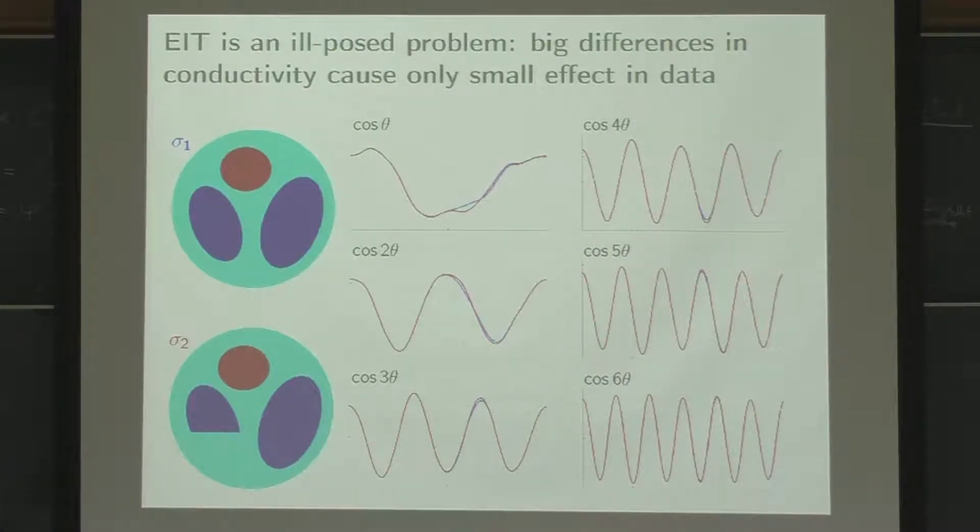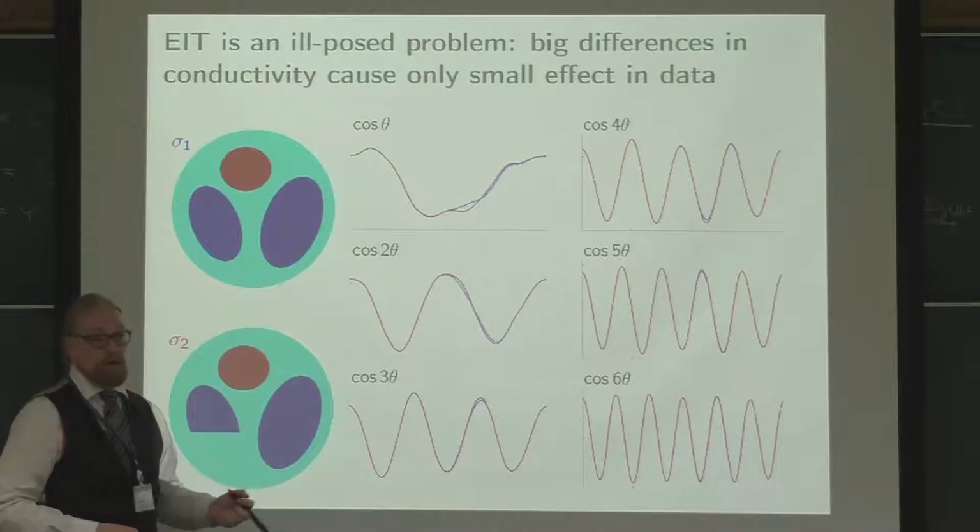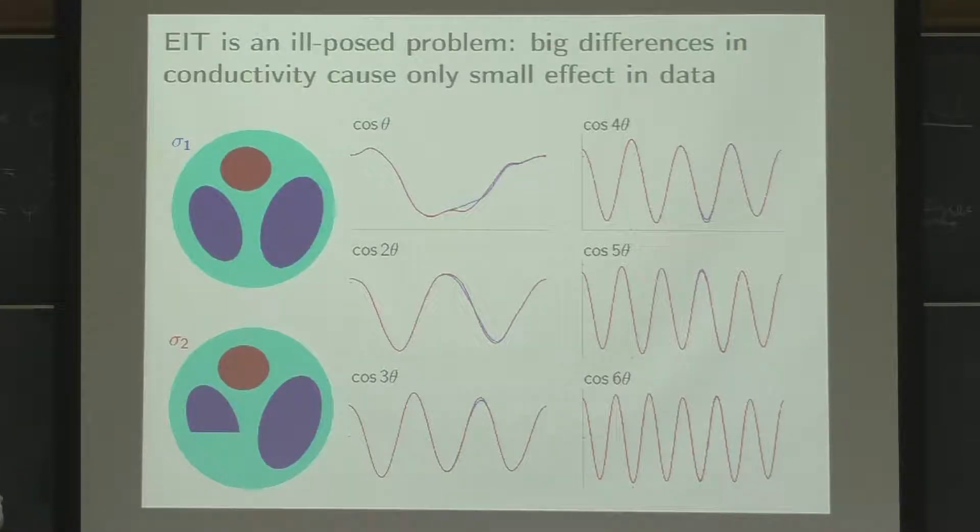We can do this for like a Fourier series style for more and more frequencies. And you see that actually the higher frequency I take, it seems that the smaller is the difference in the data. So this is a prime example of a badly ill-posed problem, because we have two objects that are quite different. We can clearly see there's a big difference between these two. But in the data, it's a very small difference.